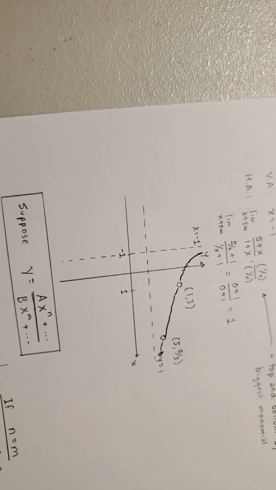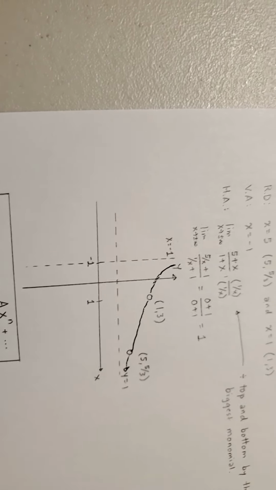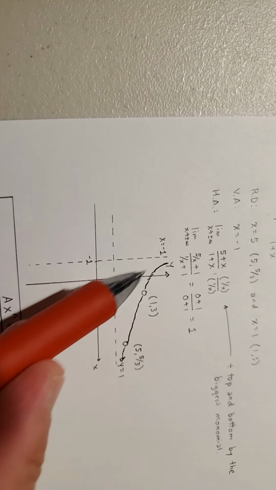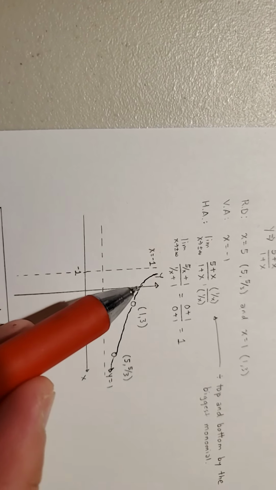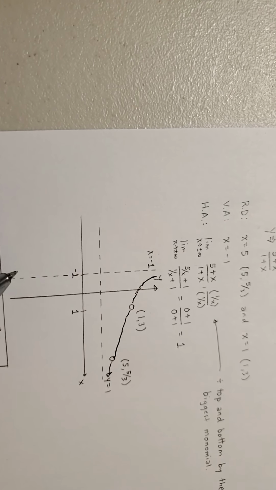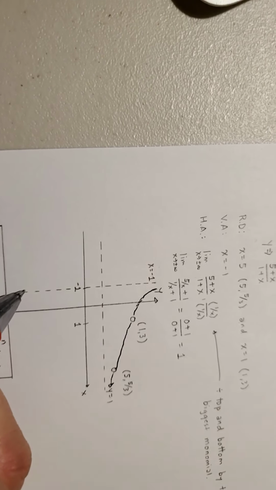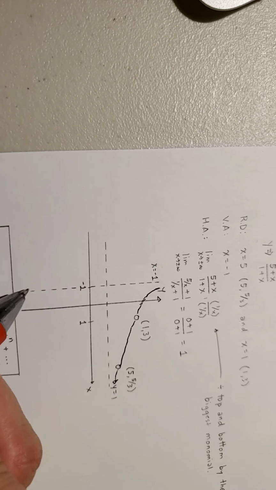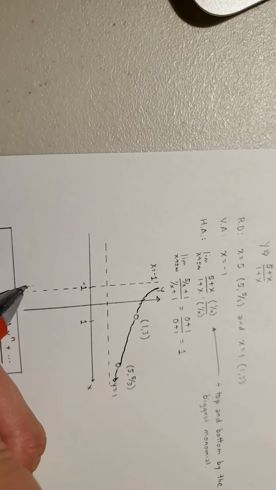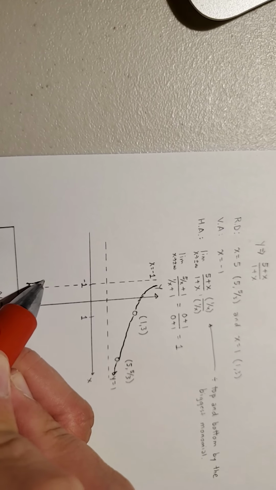Thinking back to your Algebra 2 class, anytime you have a vertical asymptote, most likely you'll go up in one direction and then you'll appear on the bottom from the other direction. So for values of x that are less than -1, close to -1, you're going to probably start down here, and it's going to go up and up and up.